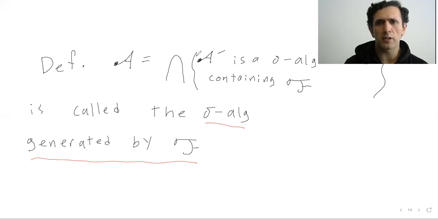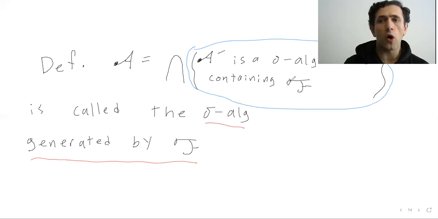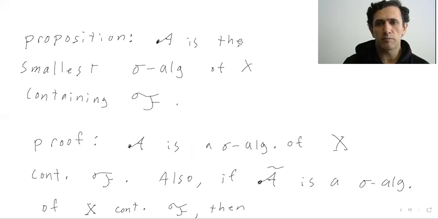Script A tilde is absolutely in what I am circling. And hence, script A is smaller, because script A is the intersection of all the stuff I just circled, one of those things being script A tilde. So just absolutely trivially, that means that script A is smaller.